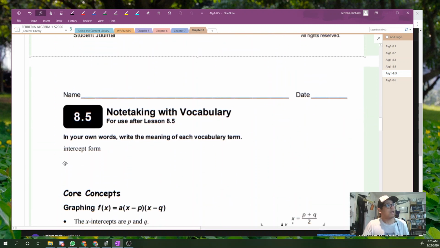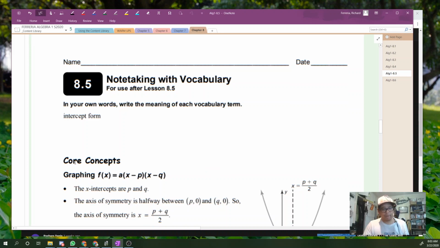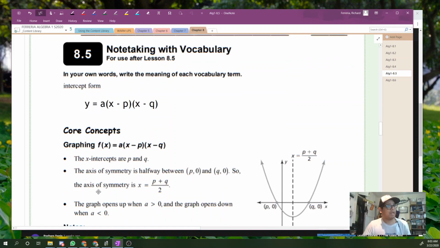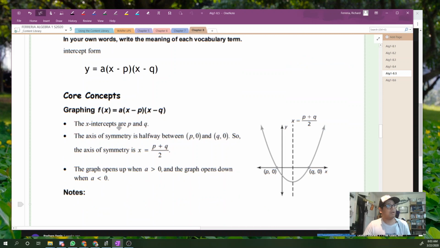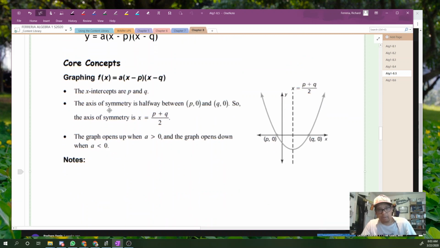So where does that leave us? Intercept form, I think we all know what that looks like now. Y is equal to a, x minus p, x minus q. Here are some tips on graphing. One thing that we didn't touch upon is the axis of symmetry.